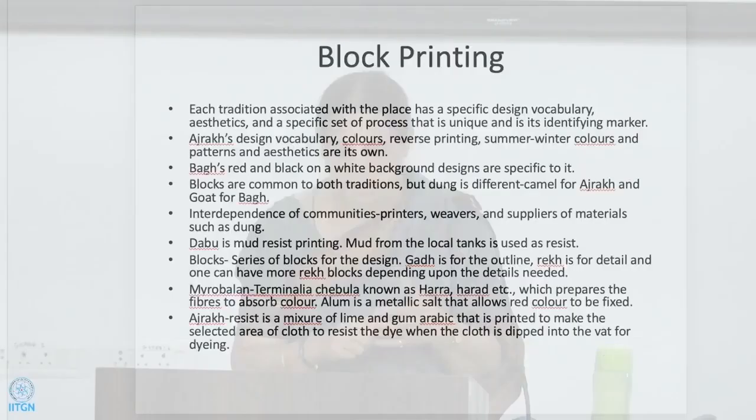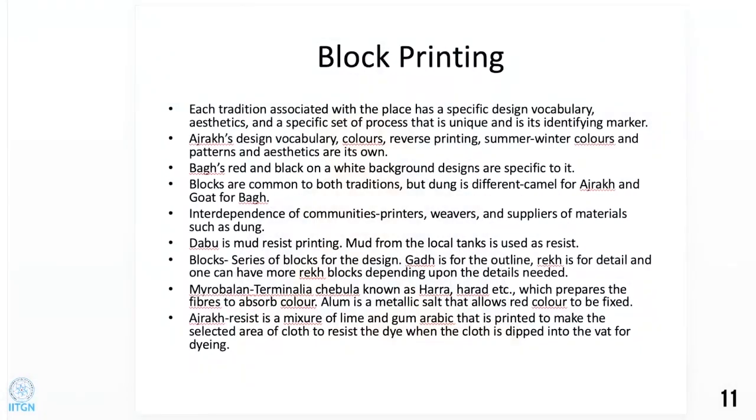Now, blocks are common in both Bagh and Ajrakh, as well as in Machilipatnam Kalamkari. We will come to that. Now, there is an interdependence of communities: printers, weavers, suppliers of materials, such as dung. How will you get dung? So the camel herders and the Ajrakh printers have a synergy, a symbiotic relationship.